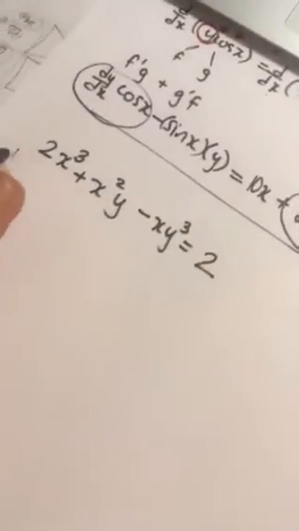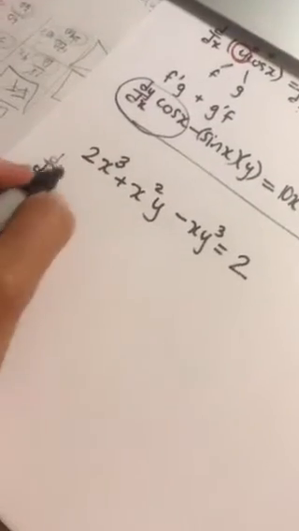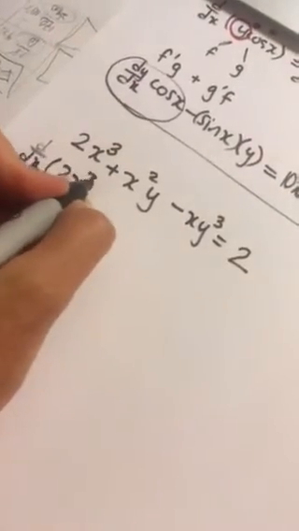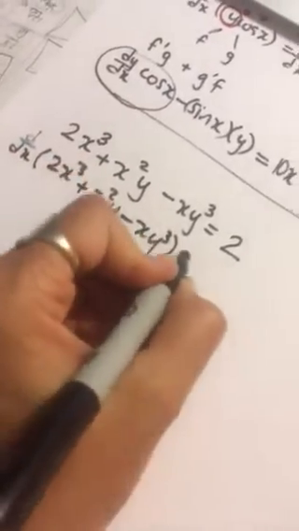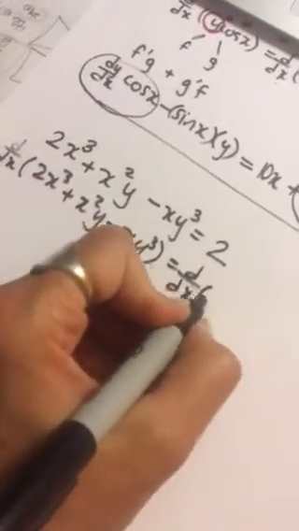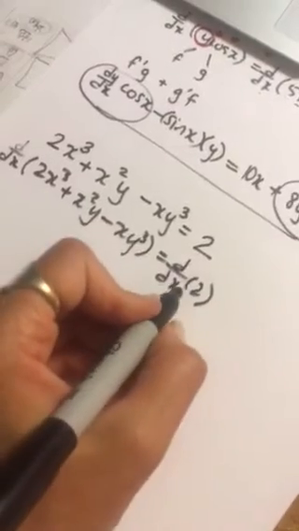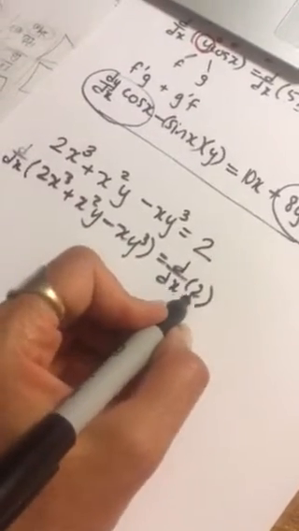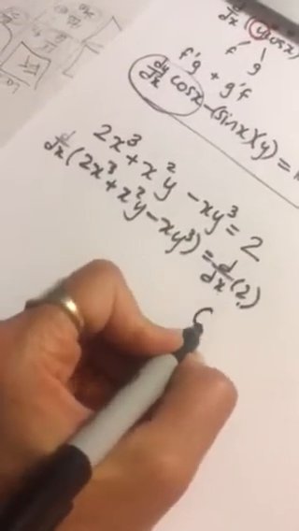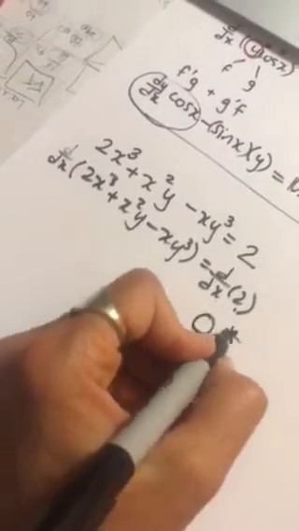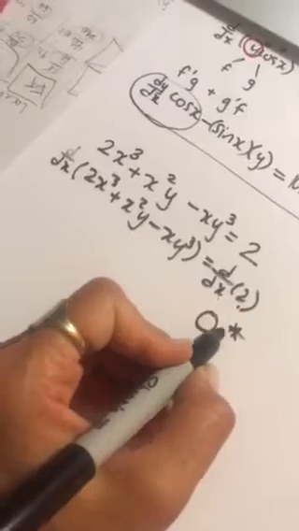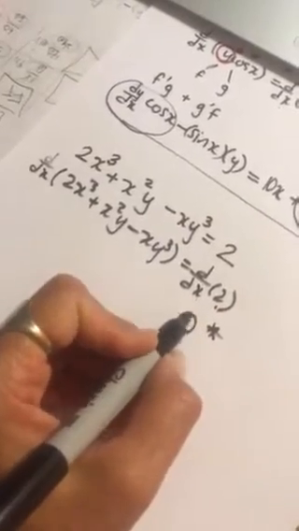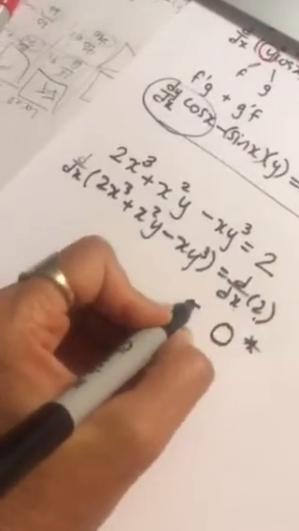Okay, so again, we take the derivative with respect to x of both sides of the equation. And this is really important right here, to not forget that when you take the derivative with respect to x of a constant, you always get 0. This right here is probably one of the most common mistakes that students make, and they just leave this as a 2 instead of taking the derivative of 2, which is 0.